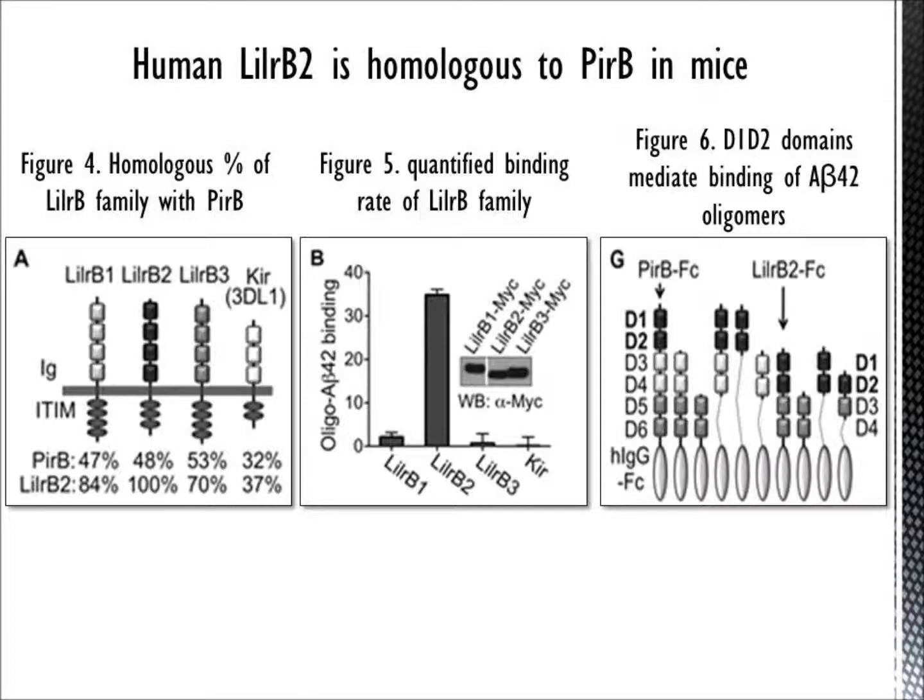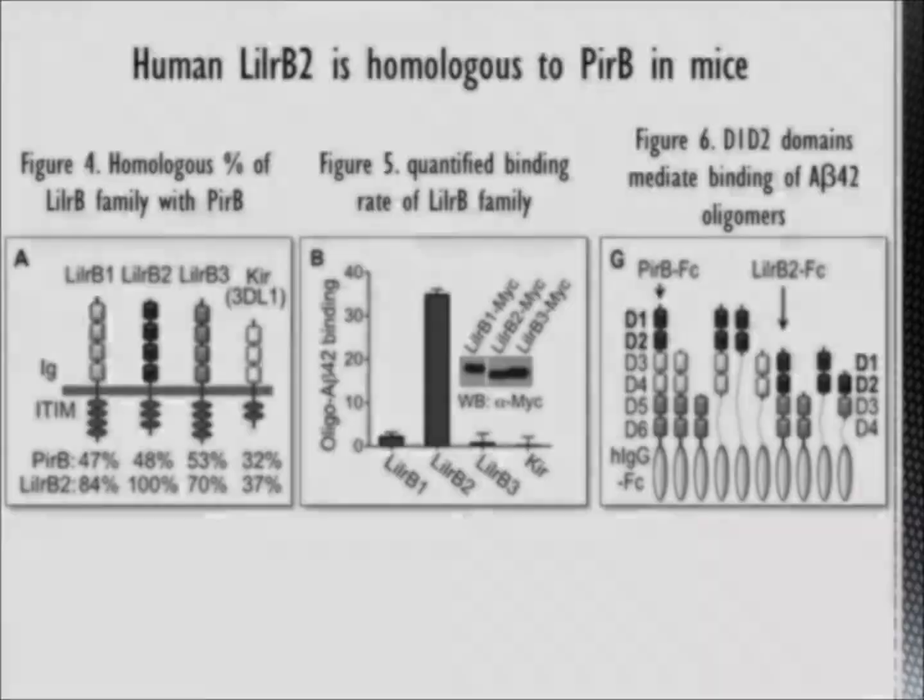As seen from Figure 6, A-beta 42 oligomers fail to bind to the receptors PIRB and leukocyte B2 when the D1-D2 domains are removed. These results show that D1-D2 domains mediate binding of A-beta 42 oligomers, meaning PIRB and leukocyte B2 are possible receptors for said oligomers. In short, leukocyte B2 was identified in human brain as an A-beta receptor that may lead to synaptic loss in Alzheimer's disease.